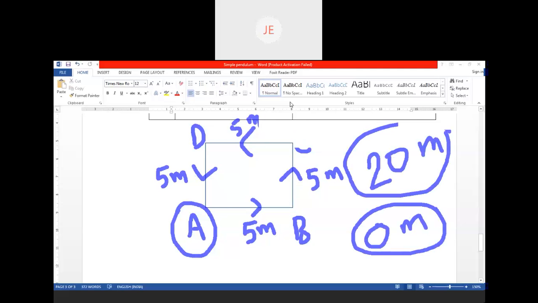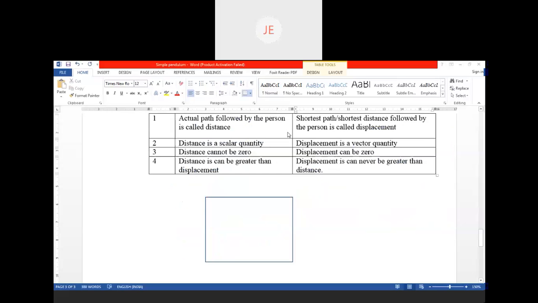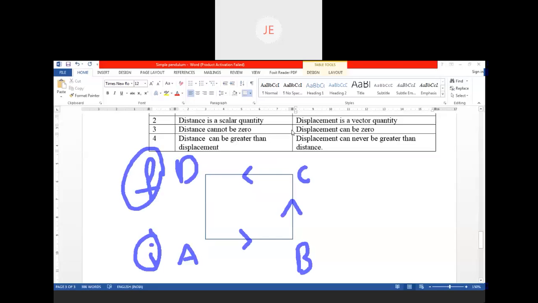Next point, let us try to understand: distance can be greater than displacement, and displacement can never be greater than distance. How? Let us try to understand. Now in this example, let us take Devarga. Devarga has started from A. From A to B, he reached 5 meter separation. B to C, 5 meter separation.